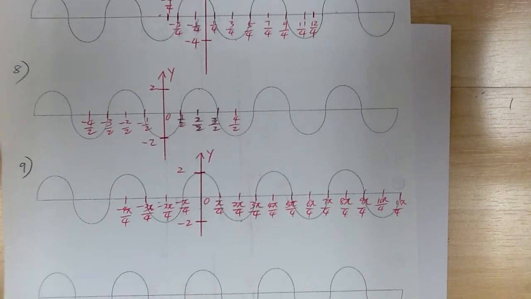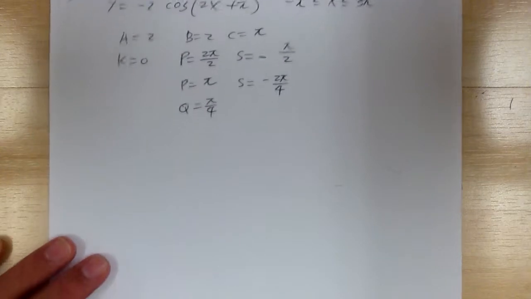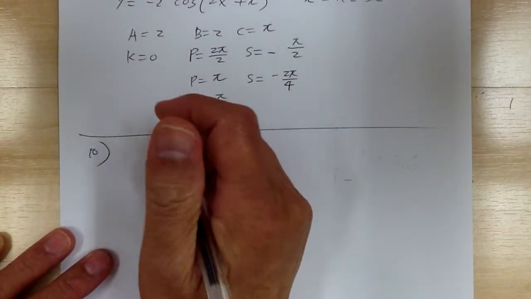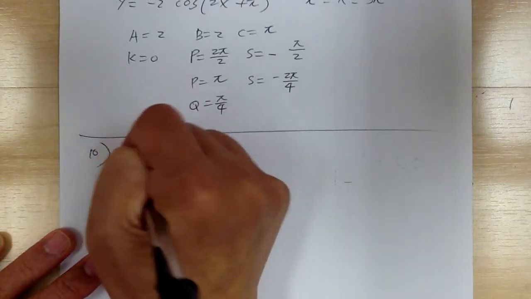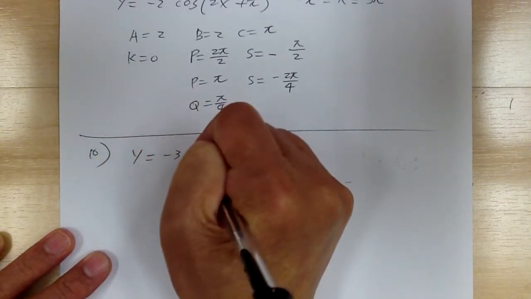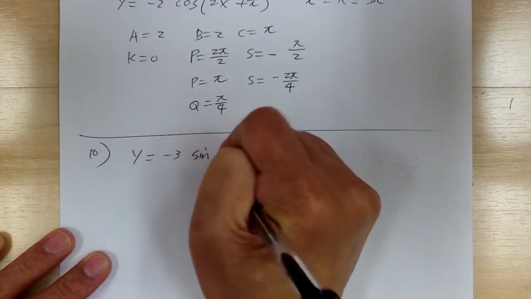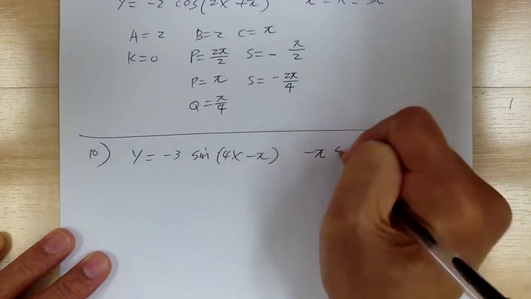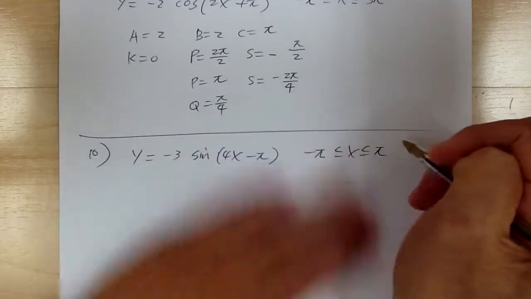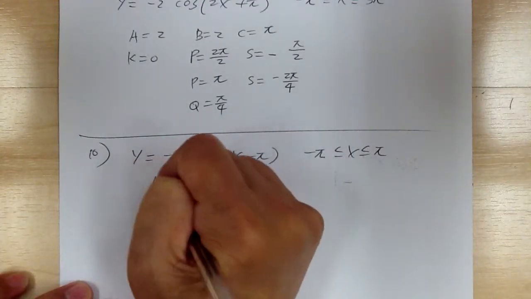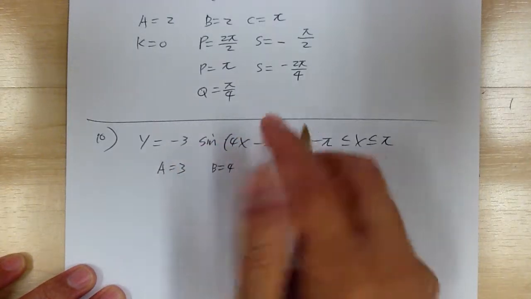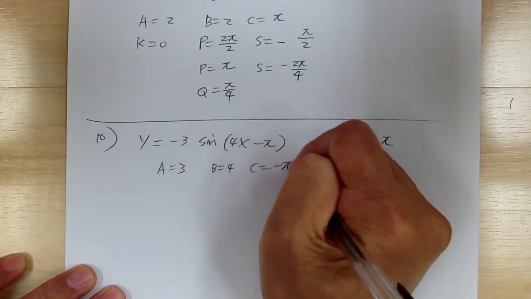Okay, let's go to number 10. Number 10, you have y is equal to negative 3 sine of 4x minus pi, and you want to go from negative pi to pi. So a equal to 3, b equal to 4, c equal to negative pi.